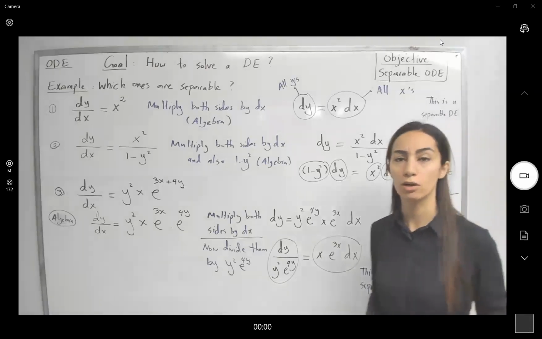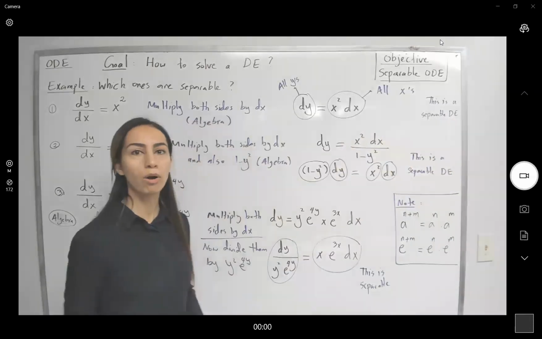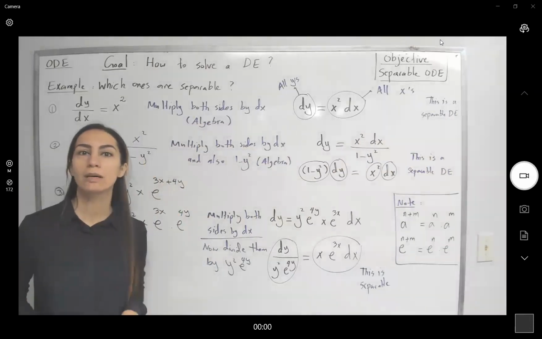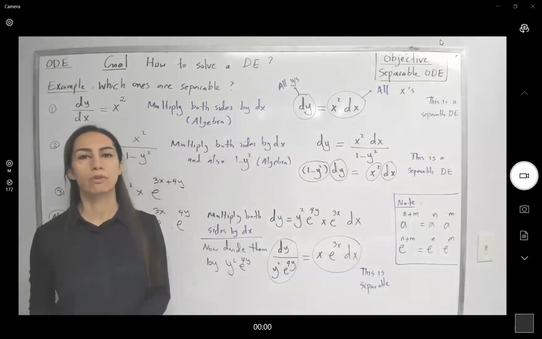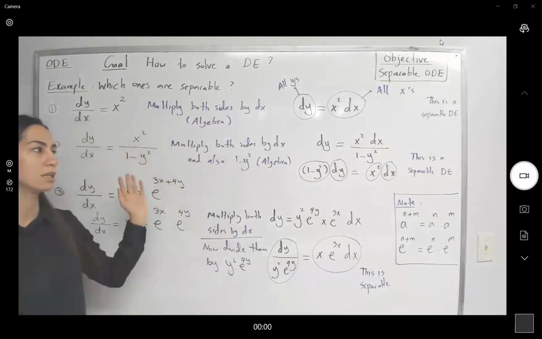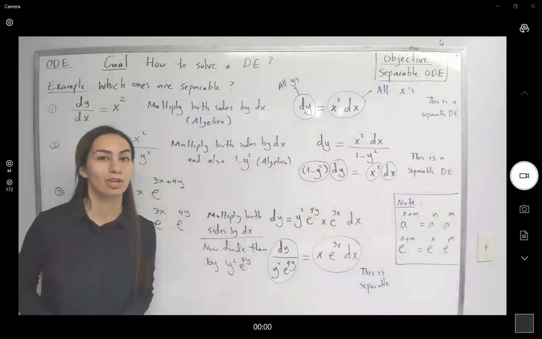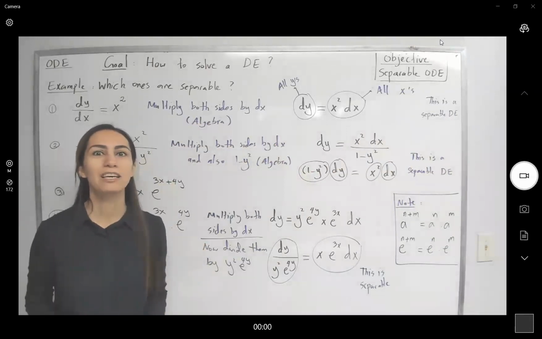So if I give you a quiz, a homework, or a midterm question, and I ask you to check to see if these are separable, then move forward and solve them. You can take the integral of both sides and start solving this differential equation and find the family of solutions.